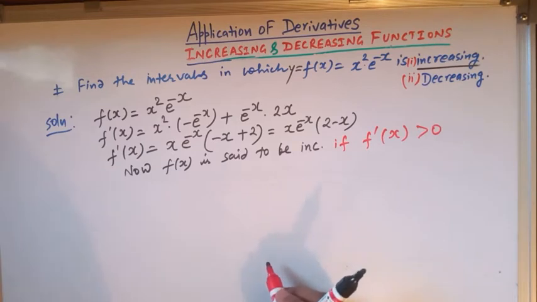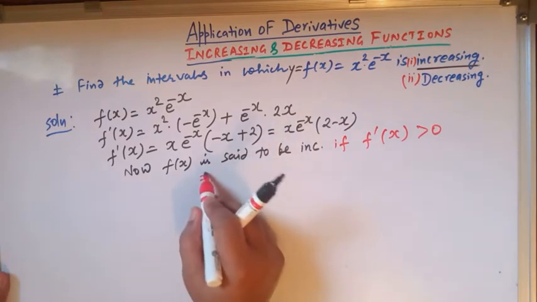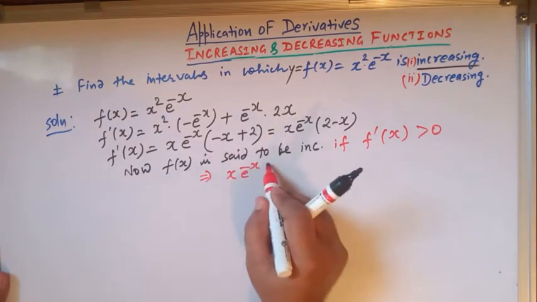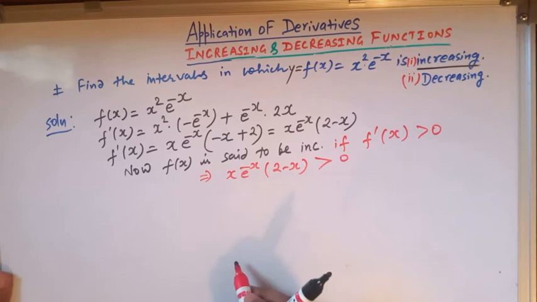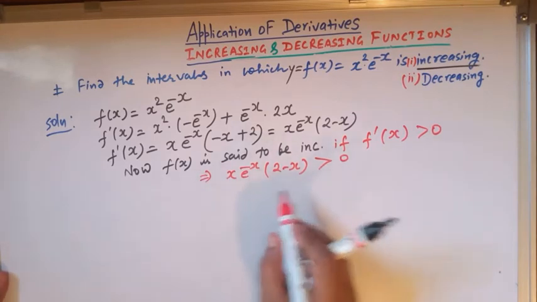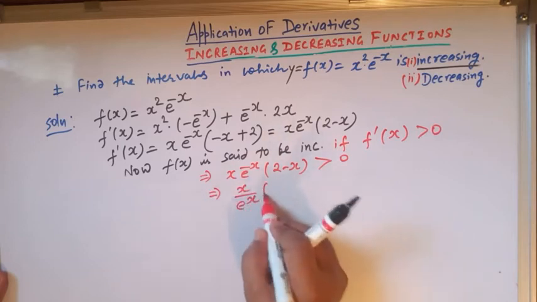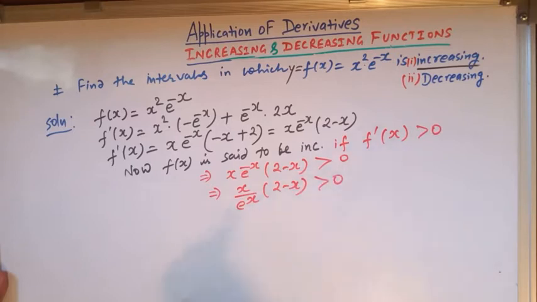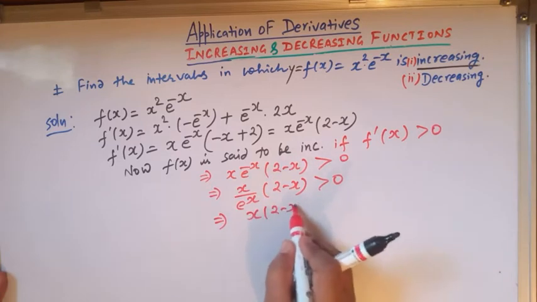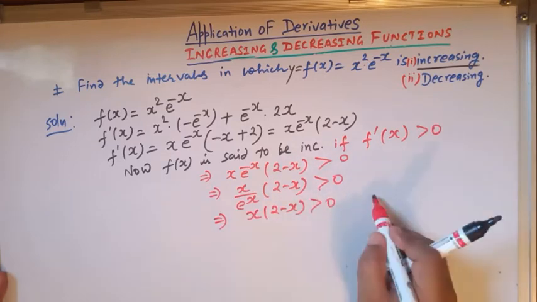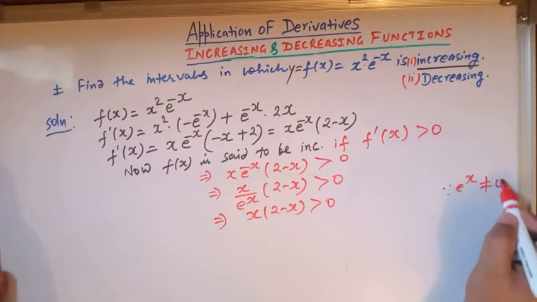It means x e raised to minus x times (2 minus x) is greater than 0. So this can be written as x divided by e raised to x times (2 minus x) is greater than 0, or we can have x times (2 minus x) greater than 0, because e raised to x is not equal to 0.